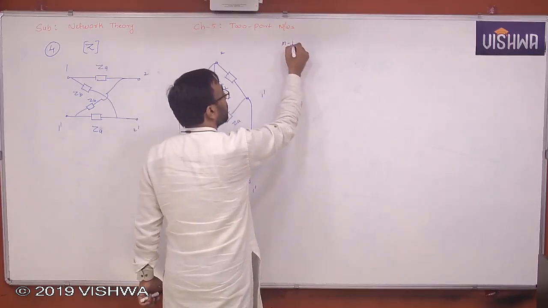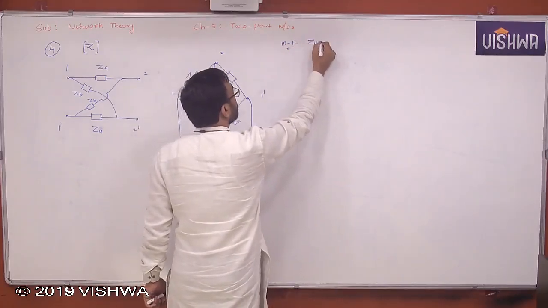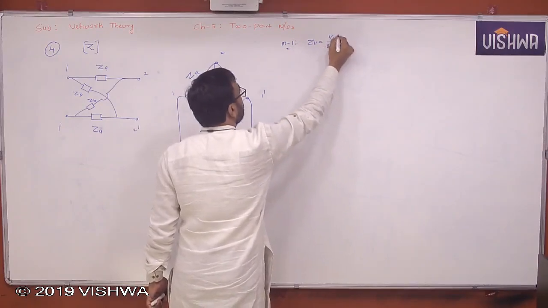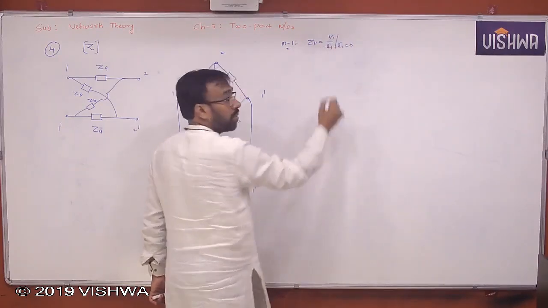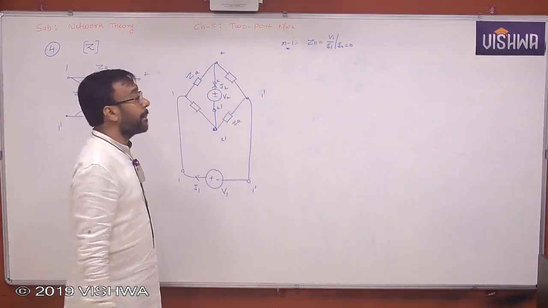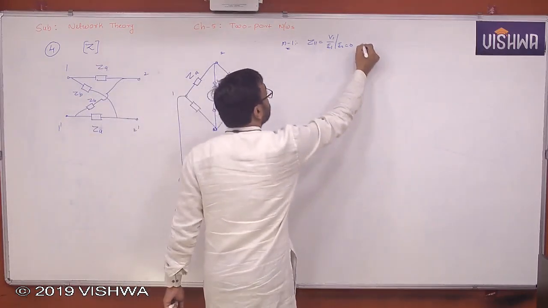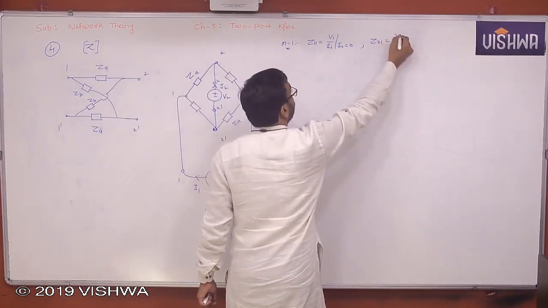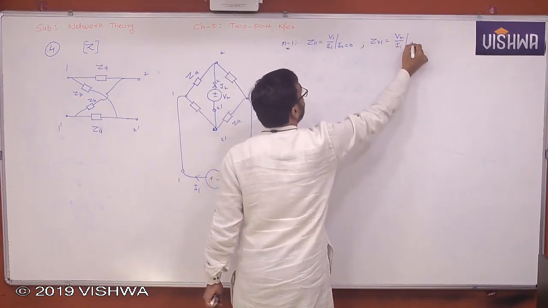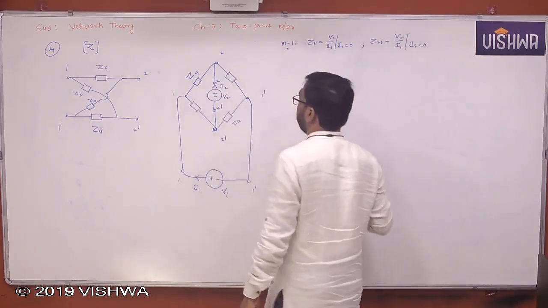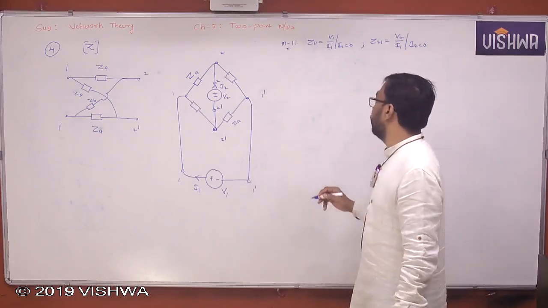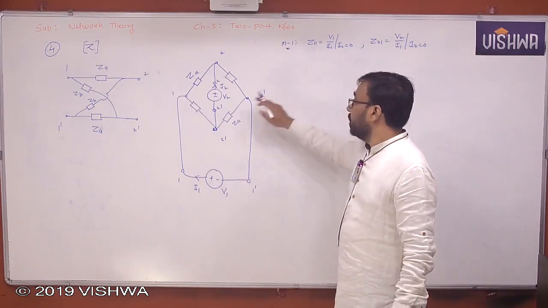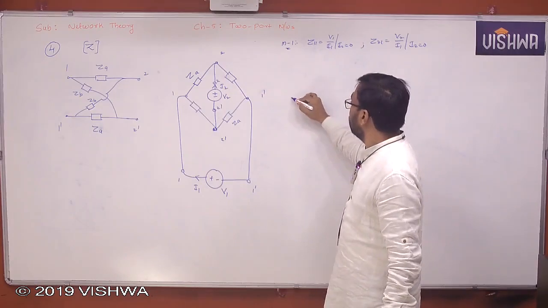What is that? Method 1 says Z11 is equal to V1 by I1 when I2 is 0, and Z21 is equal to V2 by I1 when I2 is 0. Clear, all of you? Now let us apply those conditions here. I2 is 0. When I2 is 0, what do you get here?